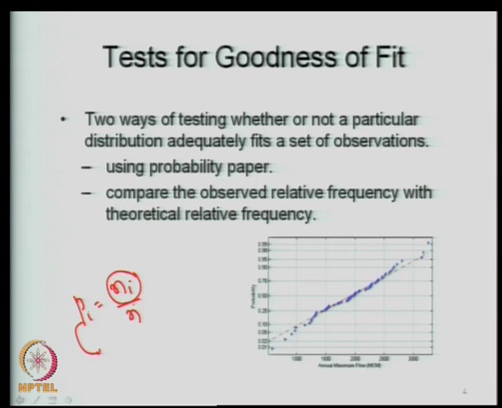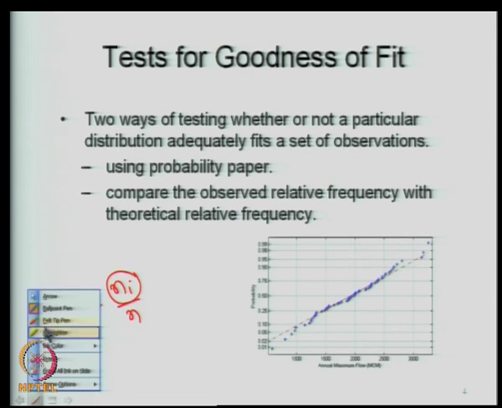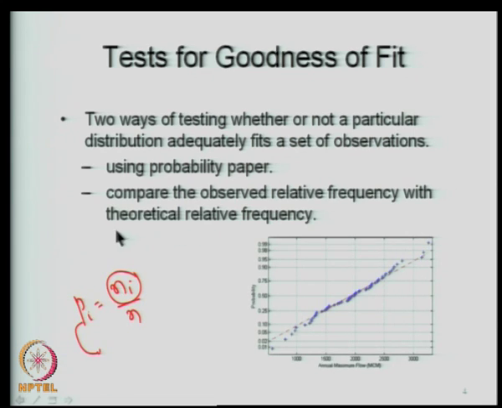If the observed data were to fit a particular distribution, then this should be, in some statistical sense, close to the relative frequency as obtained theoretically or analytically for that particular distribution. So, that is what we mean by theoretical relative frequency. So, we must have a means of calculating the relative frequency for this particular class interval from the theoretical distribution, let us say normal distribution.